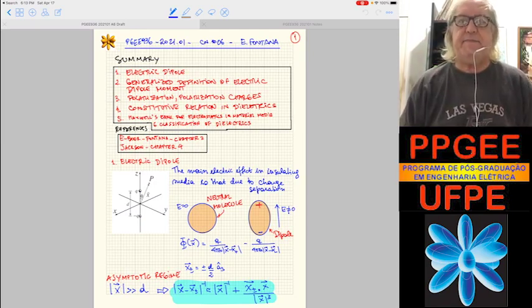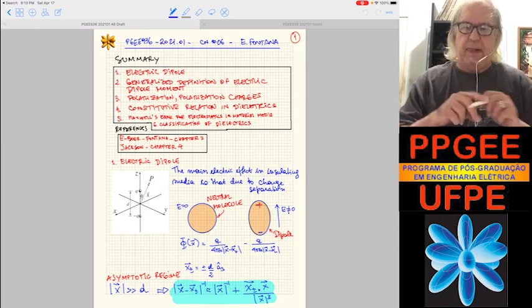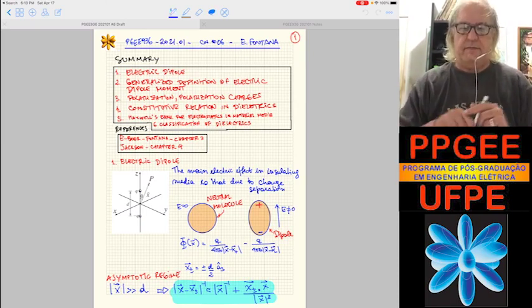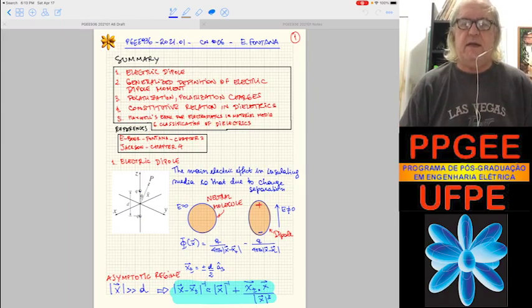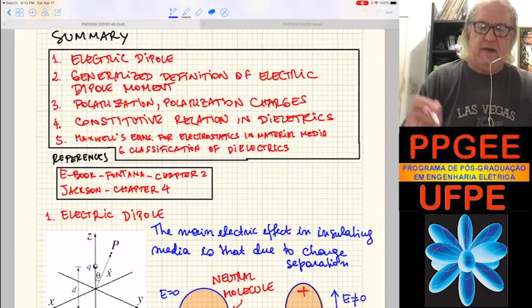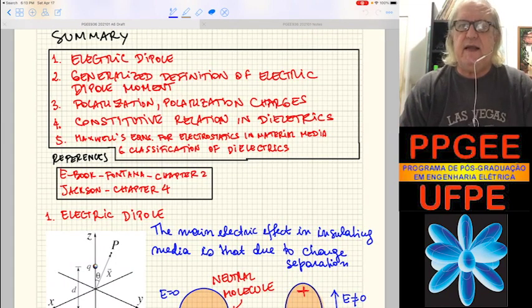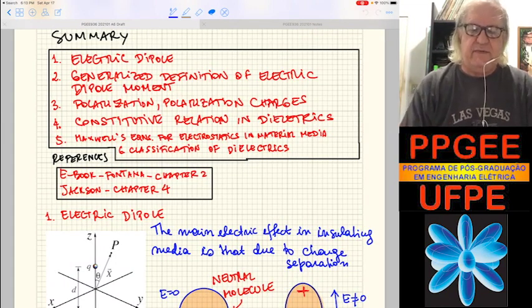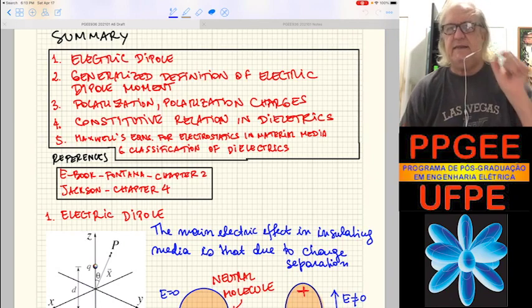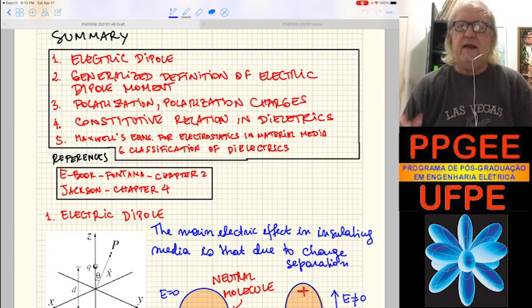And the plan for today: initially we are going to study the behavior of the field produced by an electric dipole, because that's a seed for insulating material. That's a constituent basic element, let's say.